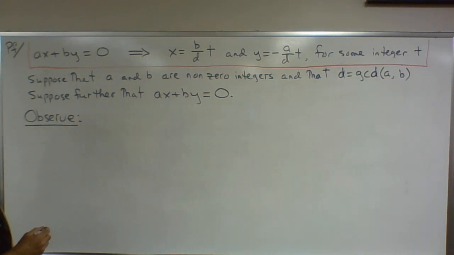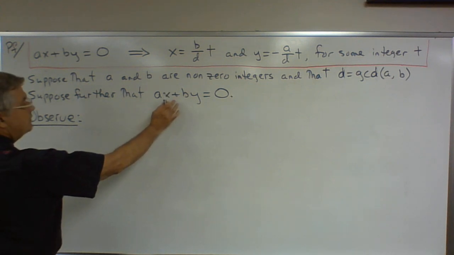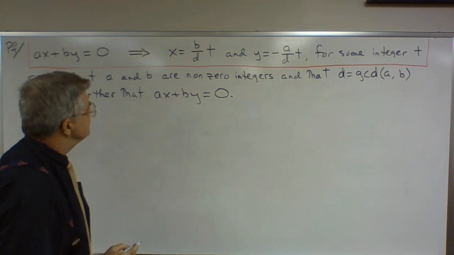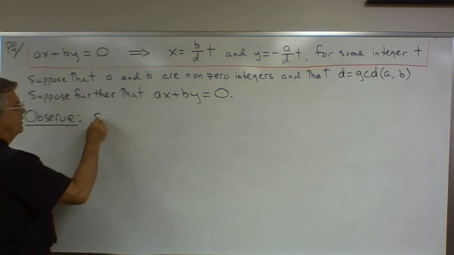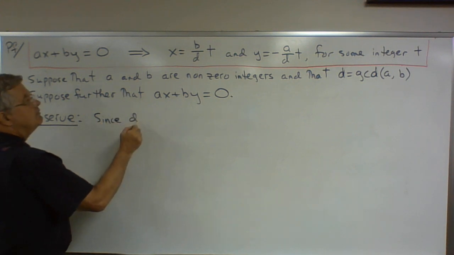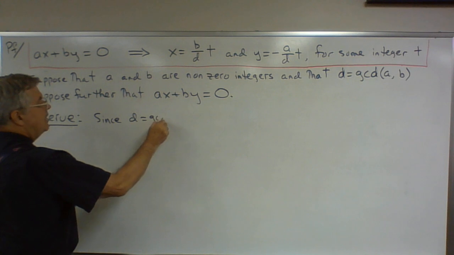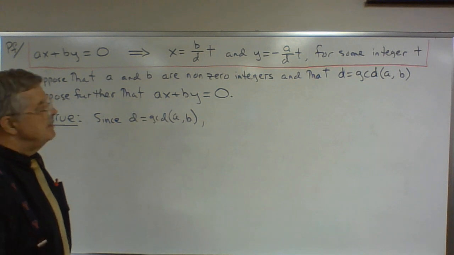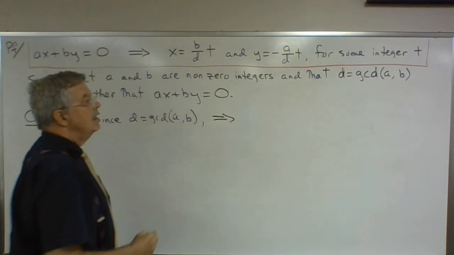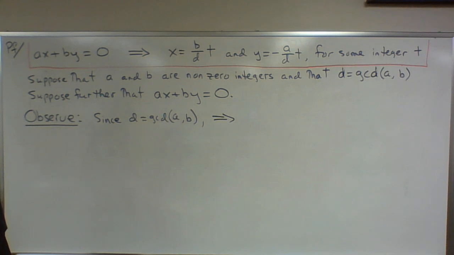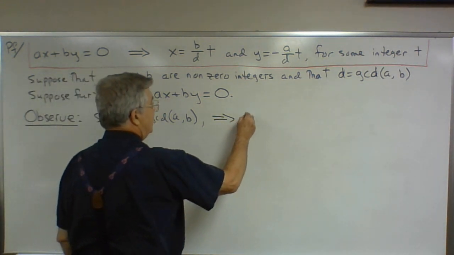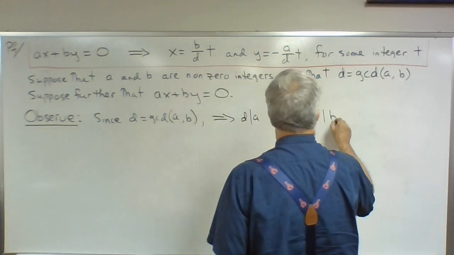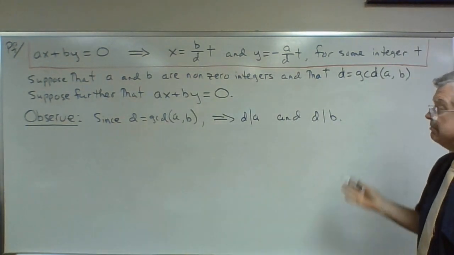For lack of anything better to do, I'm just going to rewrite this and, let's see, what is d? D is the greatest common divisor of a and b. So what does that mean? That implies that d divides a and d divides b. Okay.